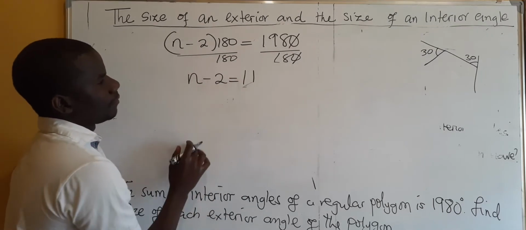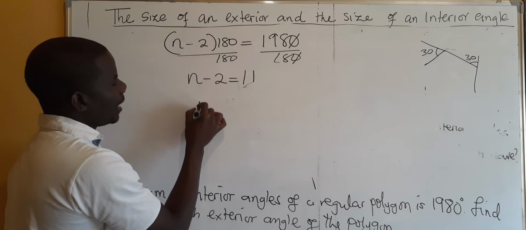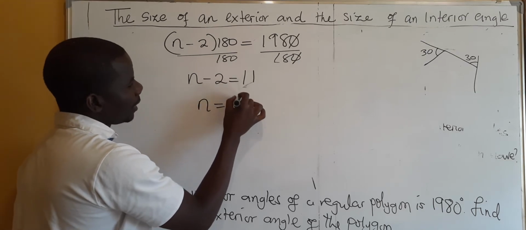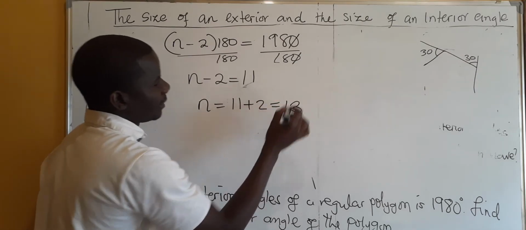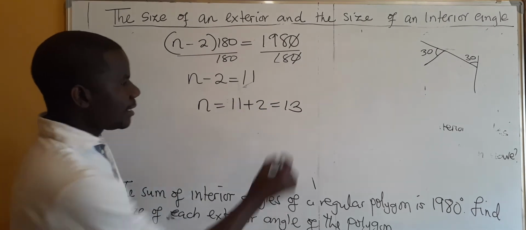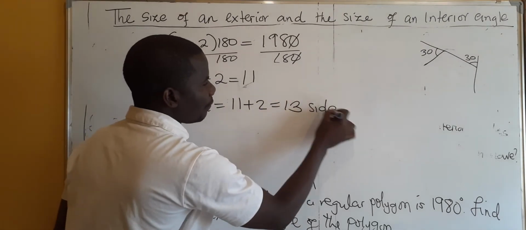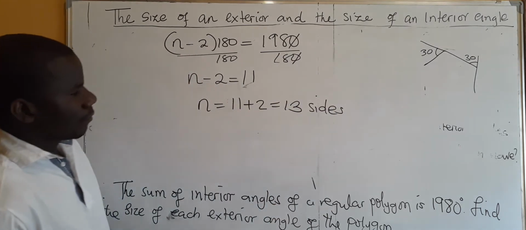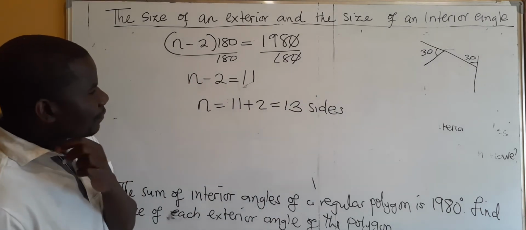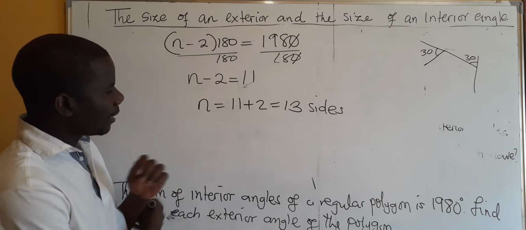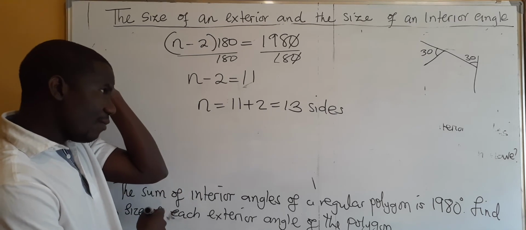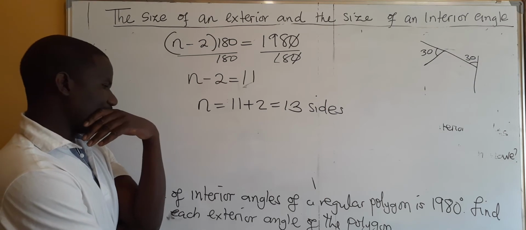So n is equal to 11 plus 2, which will give us 13. 13 is the number of sides of this polygon. Am I right? Okay?